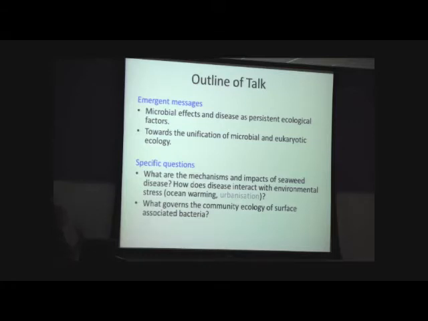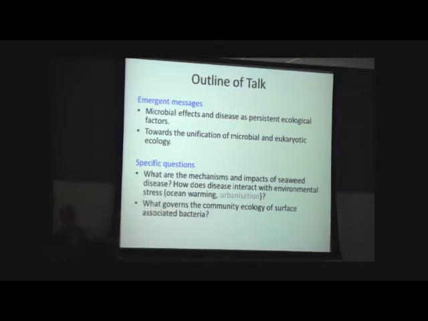Hopefully those things will emerge in the context of 2 specific questions or 2 specific systems that I want to talk about. One is, what are the mechanisms and impacts of seaweed disease, and how does that interact with environmental change? By environmental change, I mean things like ocean warming and climate change, but also urbanization and other anthropogenic effects, although I won't talk so much about that today.